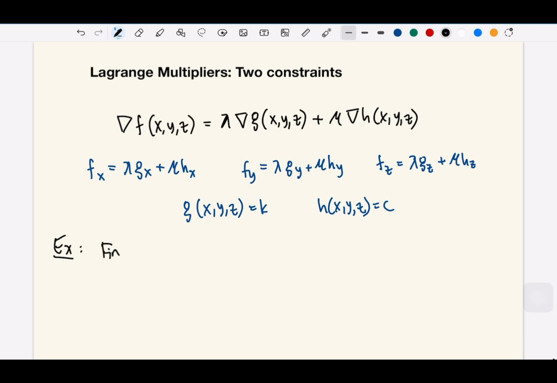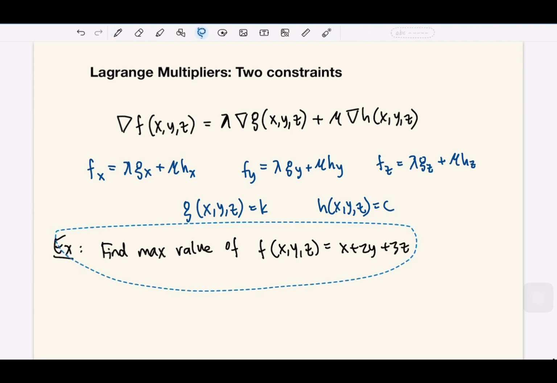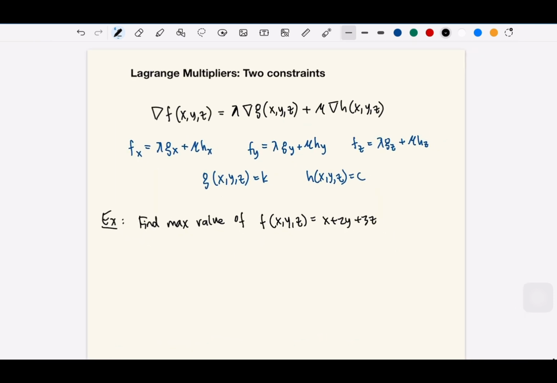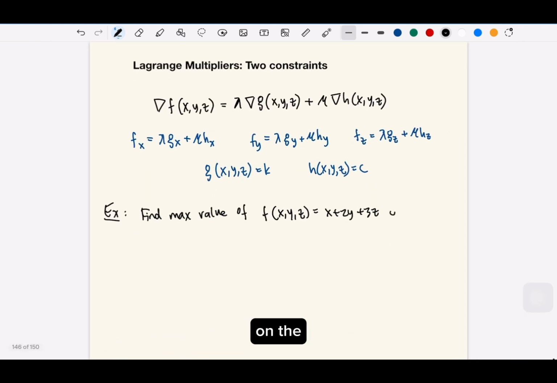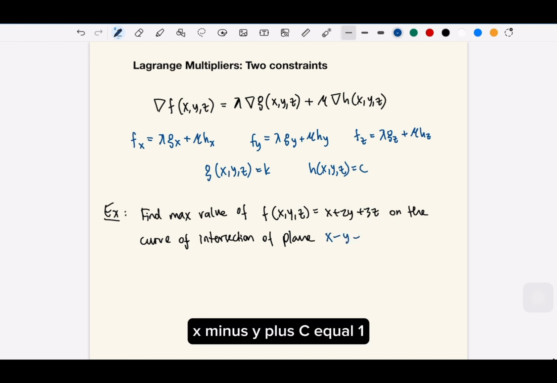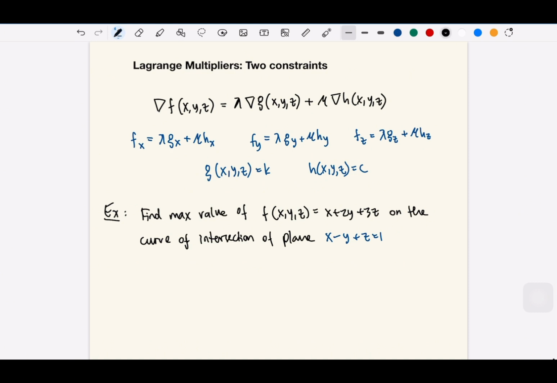So find the max value of F on the curve of intersection of the plane x minus y plus z equals 1 and the cylinder.